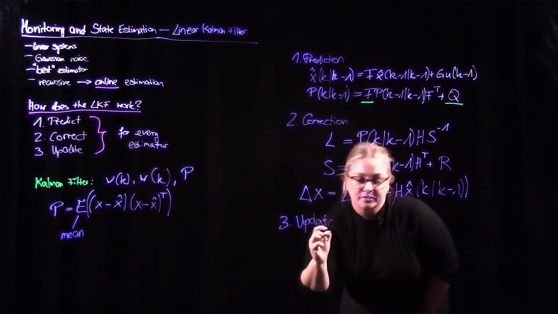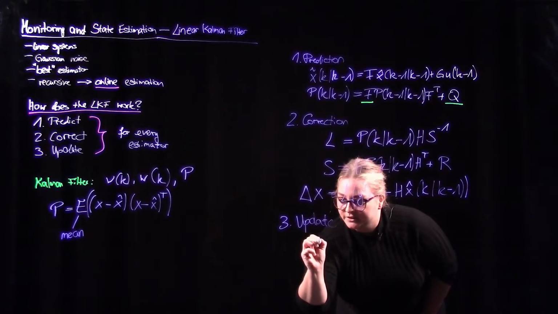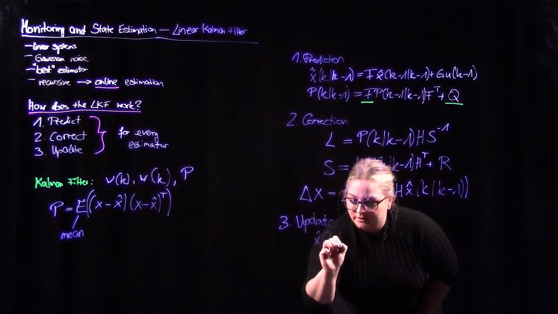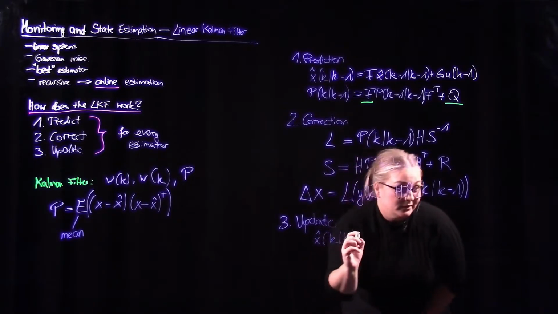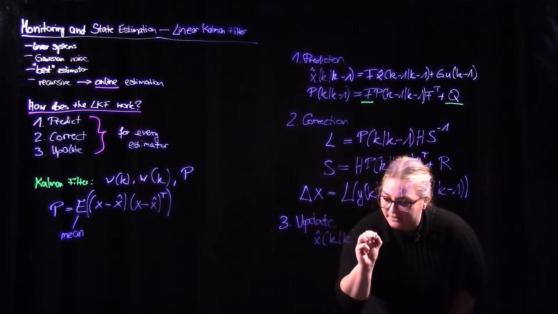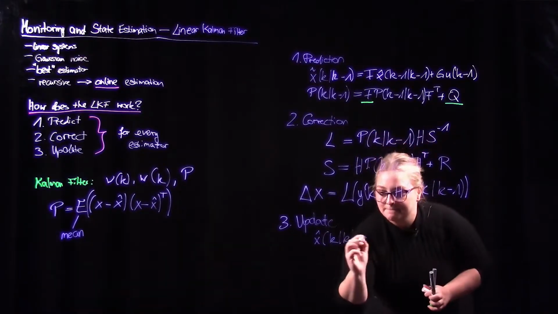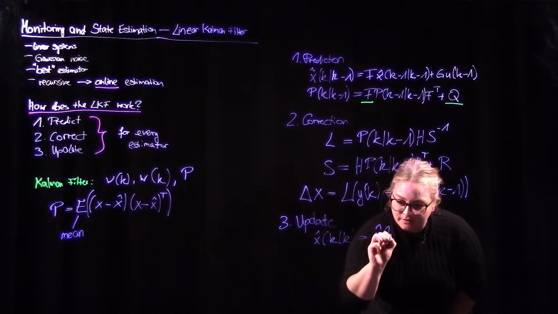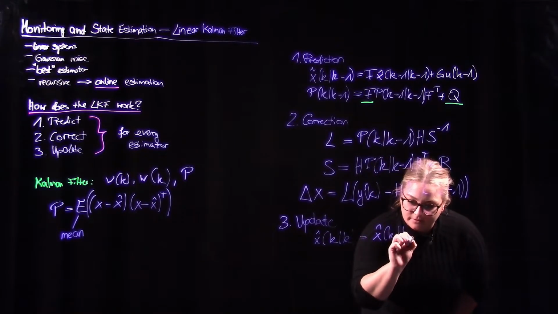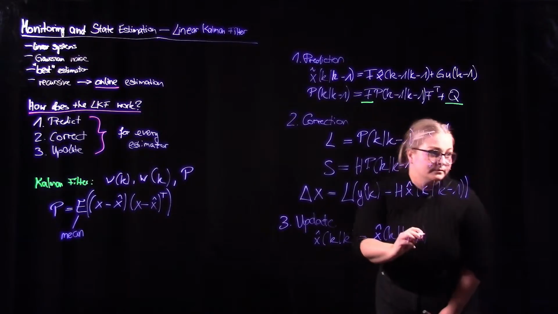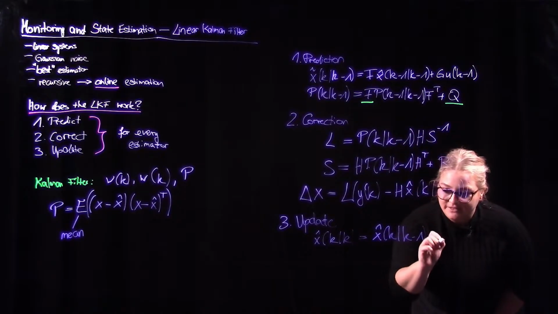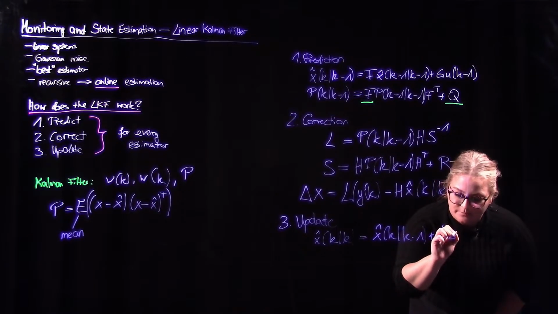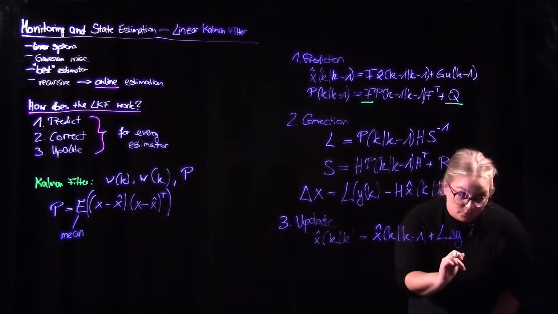So first, the update of our state estimation at state K, K. We have our previous estimation, K, K minus 1, plus the Kalman gain times delta y.